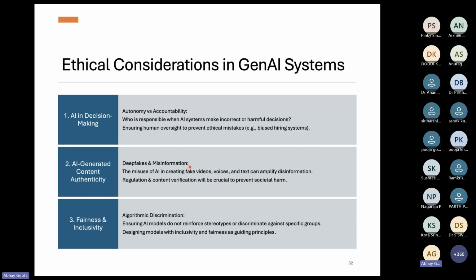The second ethical consideration is content, like deep fakes and misinformation. So who is responsible for that, right? If you are allowing users to create content and then share it on social media, after a while it will be very hard to trace the source. Where does it come from? And then it can amplify. One of the important aspects is that with social media, it can amplify.